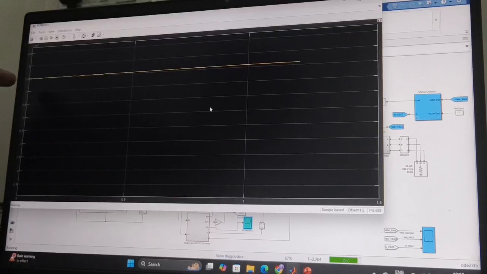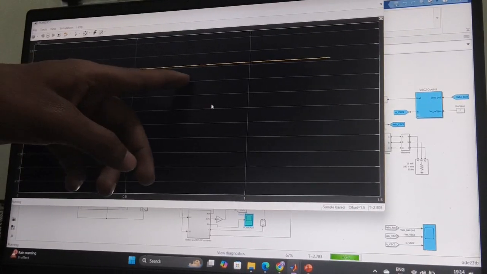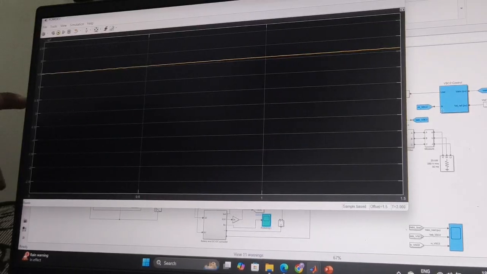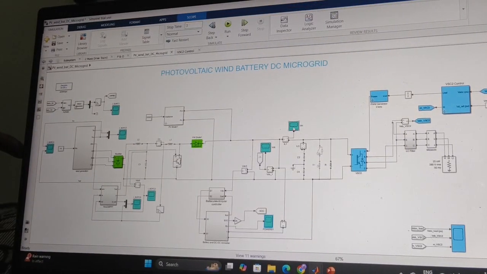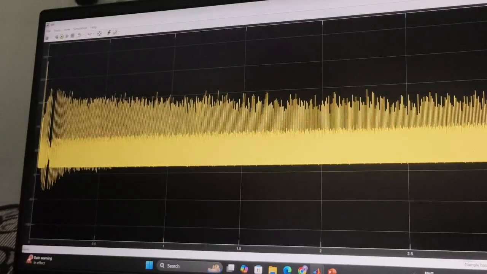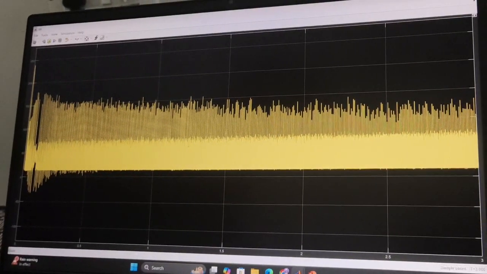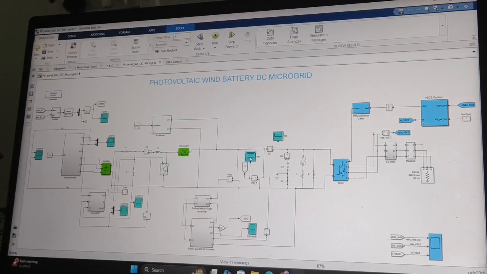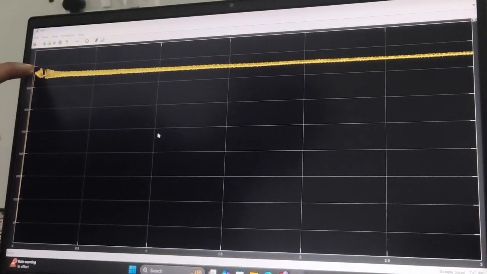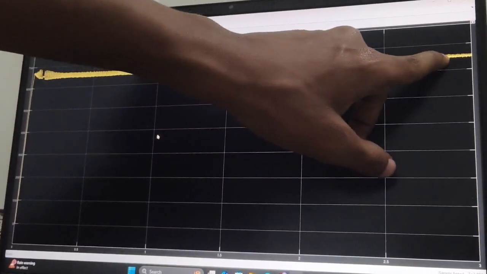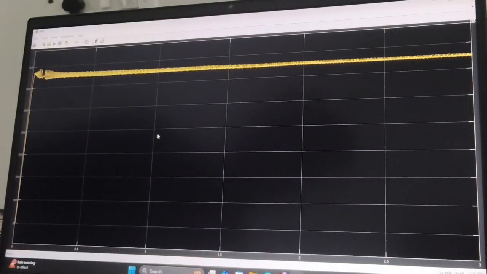See, the battery is getting charged, you can observe the charging power. This is the current at the DC bus, and this is the voltage at the DC bus. You can observe approximately 700 volts.